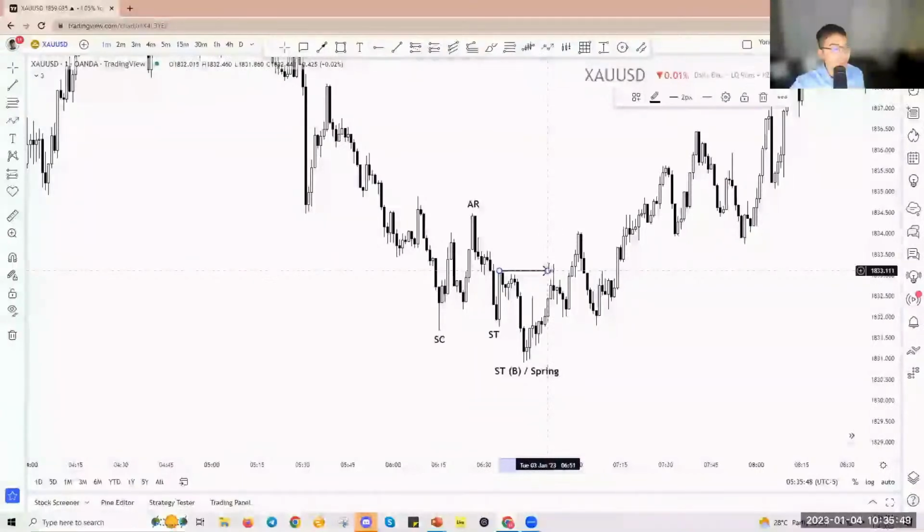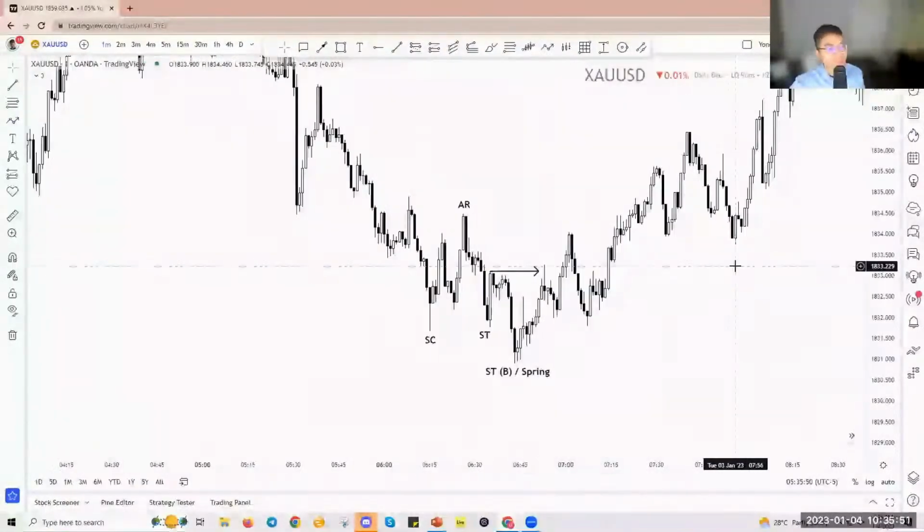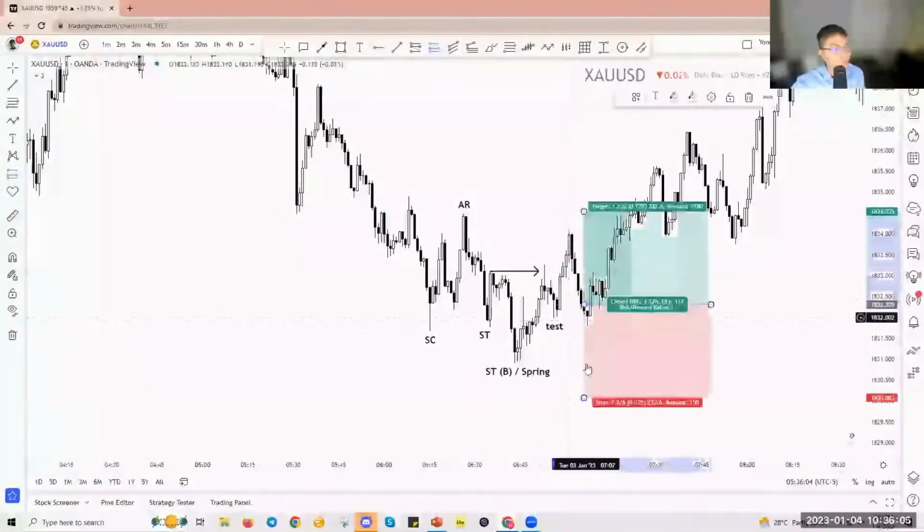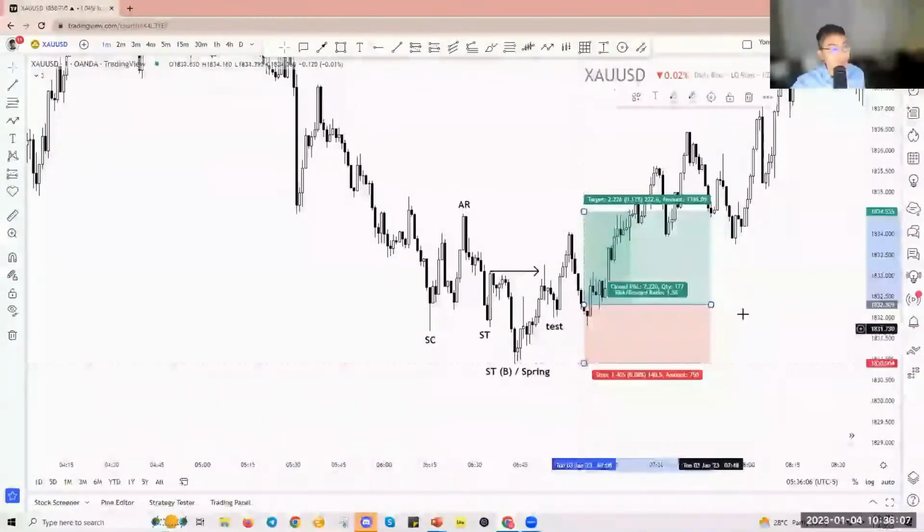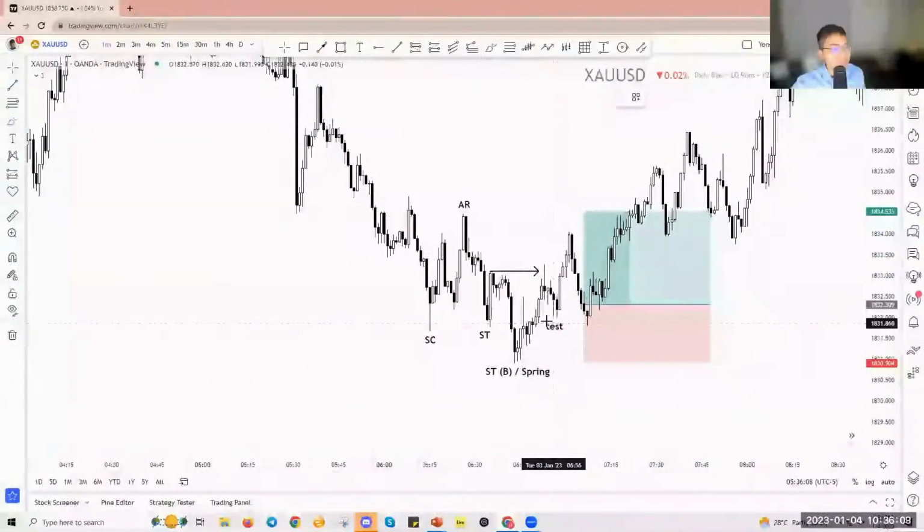We get a line out, forming a test area. So this area is the test before price continues moving up. In this specific scenario, it looks very different on gold. That's the reason why I say if you enter long, your stop loss should be below the spring, just to be safe, just in case price clears out the test area.